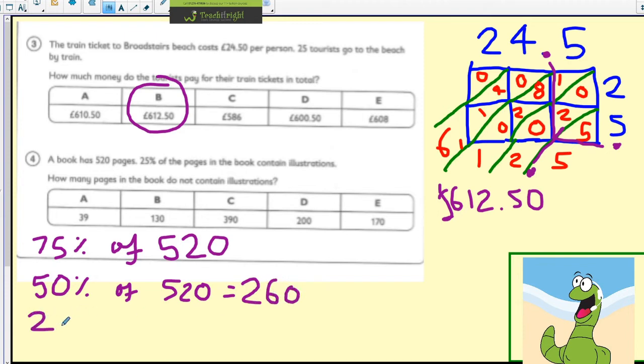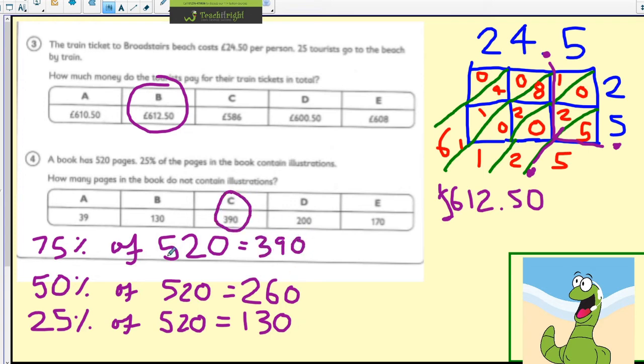I'm going to work out 25% of 520 by halving it again, because to find a quarter of something, we halve it and halve it again. Because if you look, well, half of 50 is 25, so whatever half of 260 is will be my answer, so that's 130. And if I now want to know what 75 is, well, if I add 50 and 25, I'd get 75. So if I add my two numbers here together, I get my answer of 390 pages.